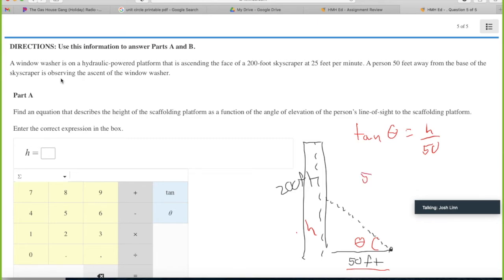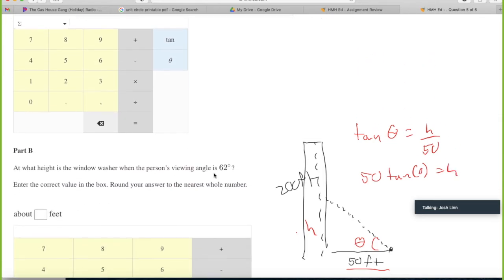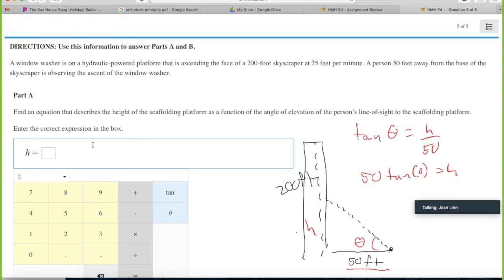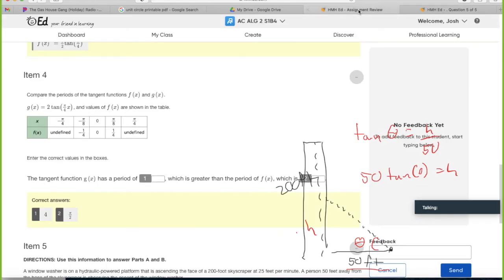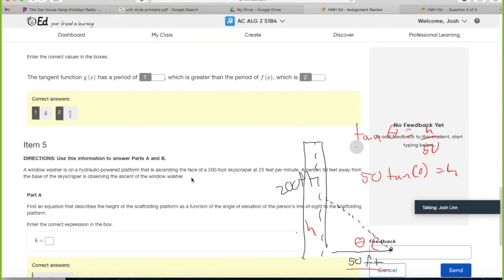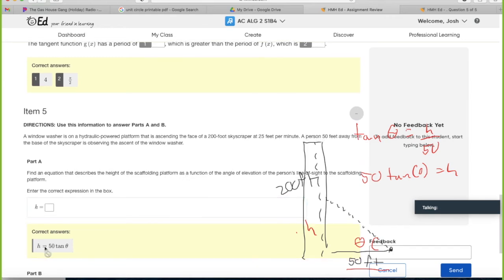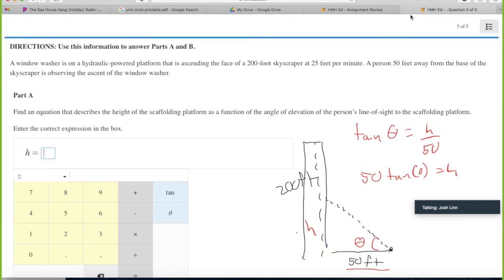We have 50 tangent of theta equals h. Is there more to that? Oh, good. I was about to say, like, wow, that was easy. Make sure we got the right equation. H equals 50 tangent theta.